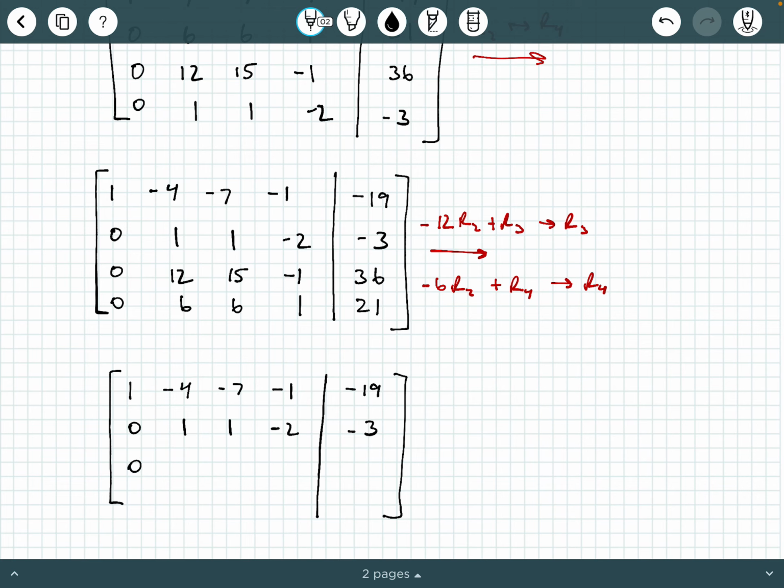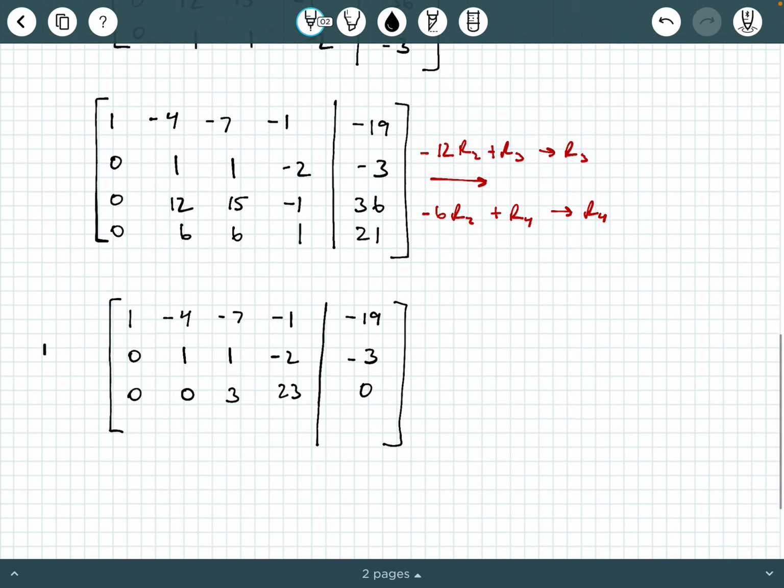We get a 0 here, we get a 0 here, and then we're going to have -12 plus 15, which gives us a +3, and then the next entry will be +24 minus 1, which is a +23, and then +36 minus 36 will be a 0 here.